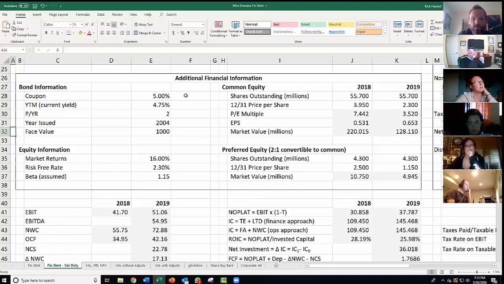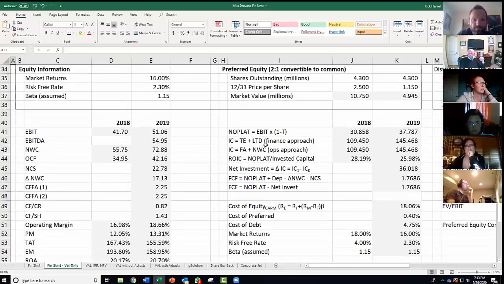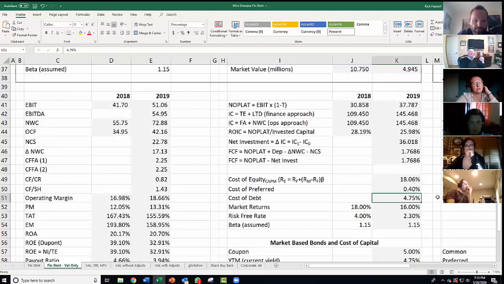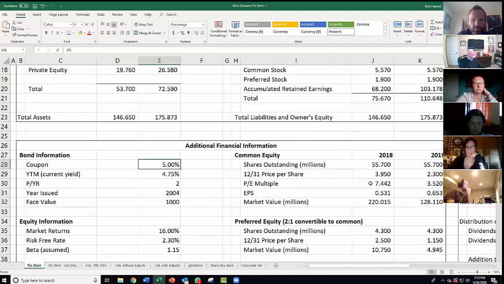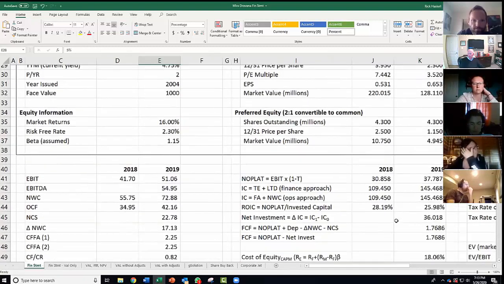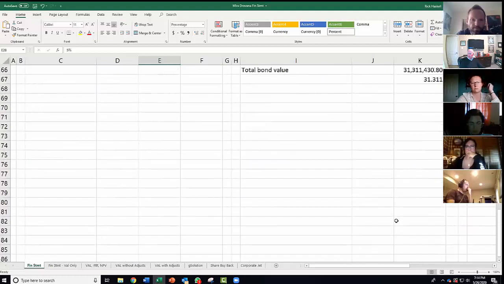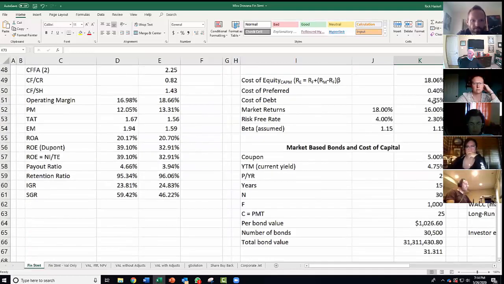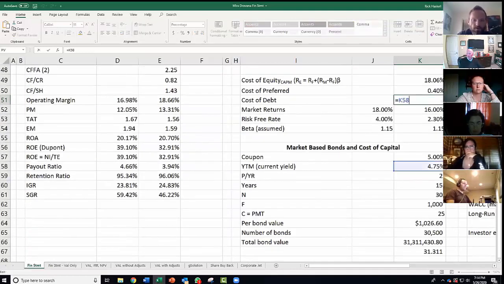And then my other one was the cost of preferred and cost of debt. I remember you talking about them, but when I went to do them, I got lost. Okay, so here, literally all we're doing, and I'm going to go to the one that isn't just values now, all I'm doing for my cost of debt is referencing that cell here.